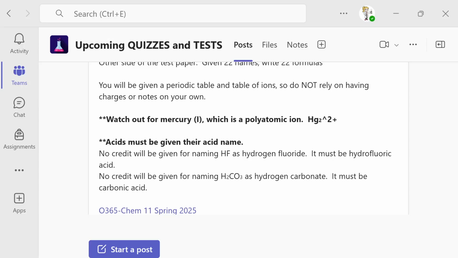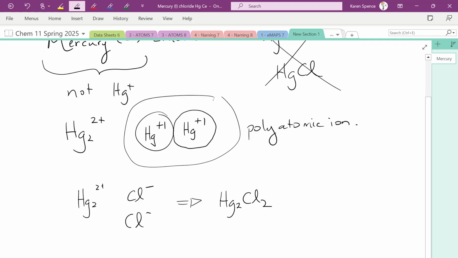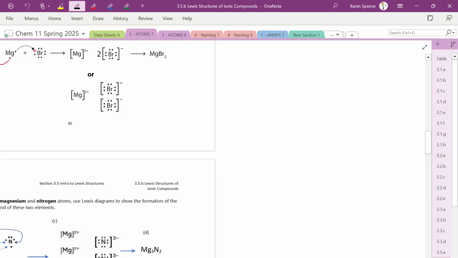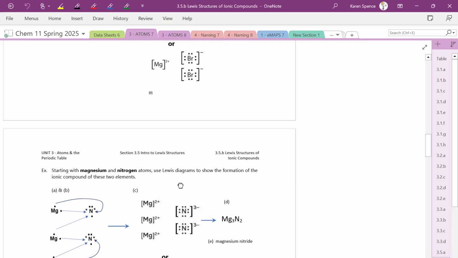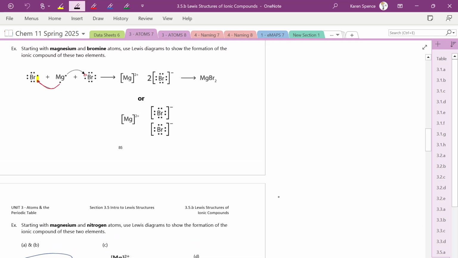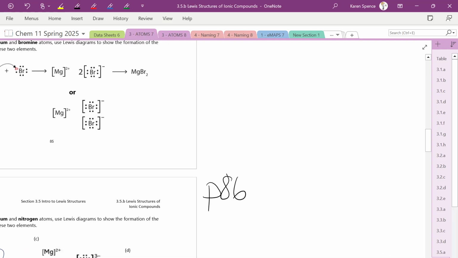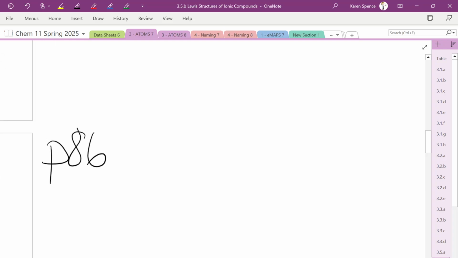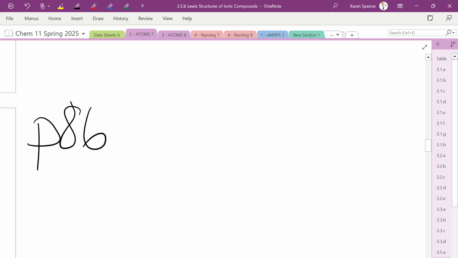Today we are carrying on with, let's see, we're in atoms. And we were looking at Lewis structures, and we are on page 86. I'm going to do this, you've got it there for you, but I'm going to just say we have magnesium and we have nitrogen.